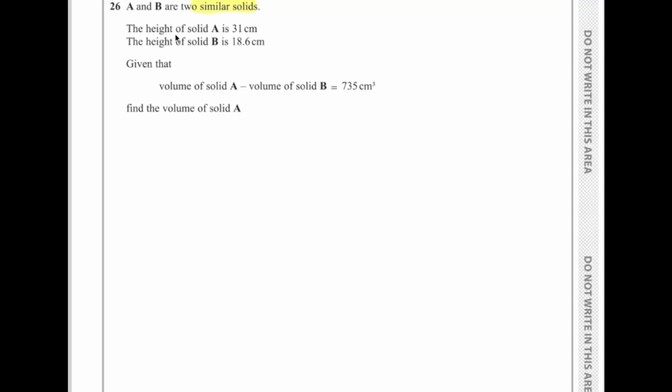First, move on to the information of this question. The height of solid A is 31 centimeters. The height of solid B is 18.6 centimeters. Given that volume of solid A minus volume of solid B equals 735 centimeters cubed, find the volume of solid A.